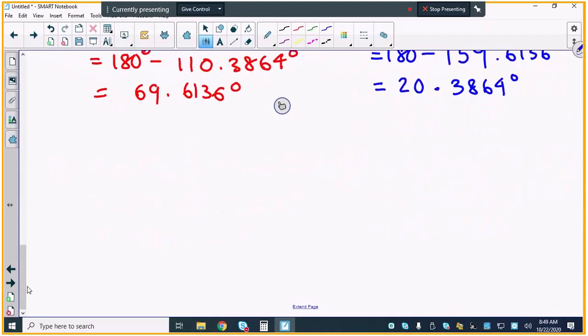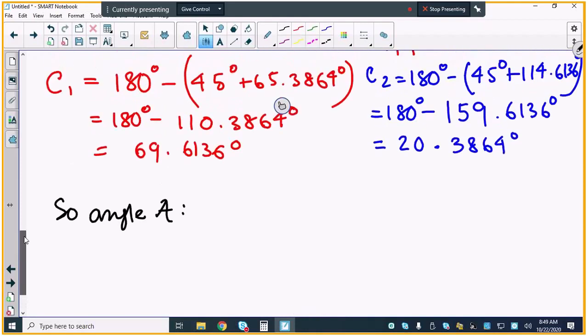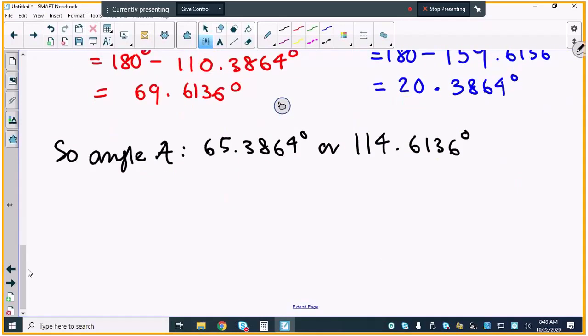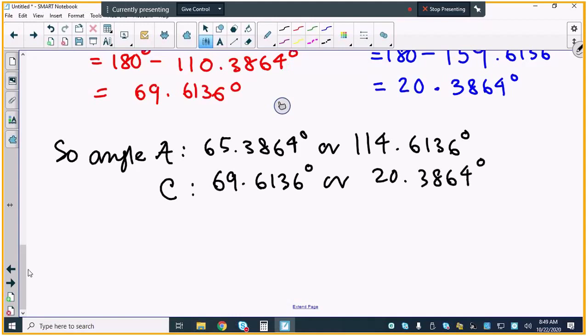So angle A has two choices, and the choices for angle A are 65.3864 degrees or 114.6136 degrees, whereas depending on which choice you have chosen, the angle C is going to be either 69.6136 degrees or 20.3864 degrees. And that concludes the problem. So let's see what else we can do.